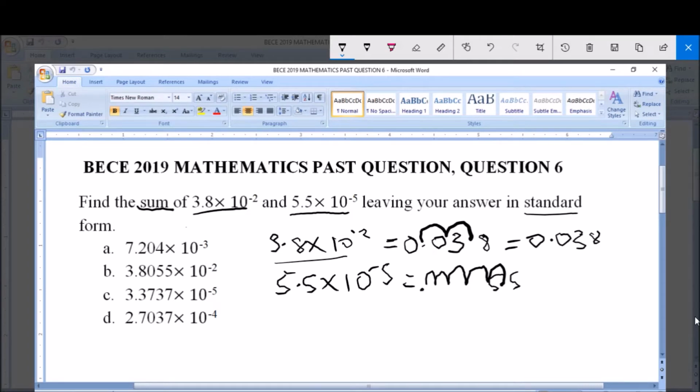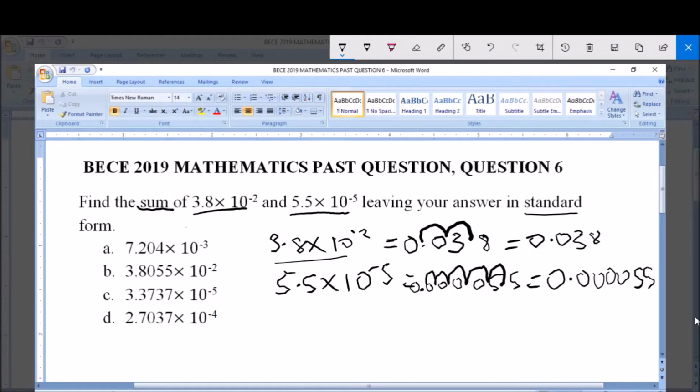Now your point is here, and in all these spaces you include your 0s. So you have a 0 here, another 0 here, another 0 here, and another 0 here. This is equal to 0.000055. Now you count the zeros: 1, 2, 3, 4.